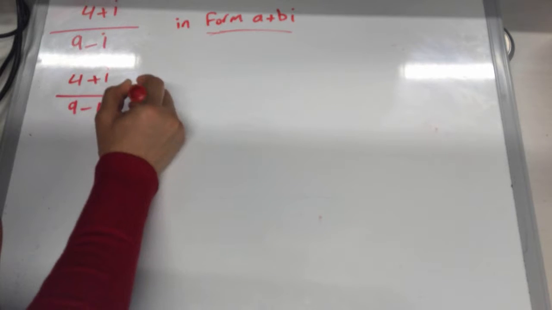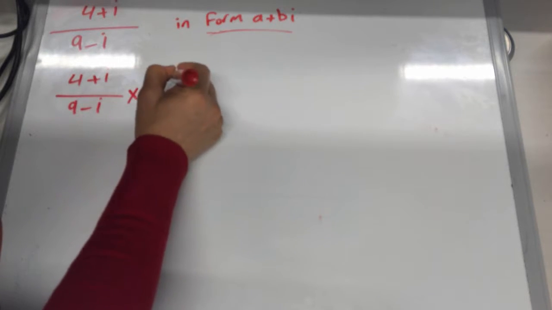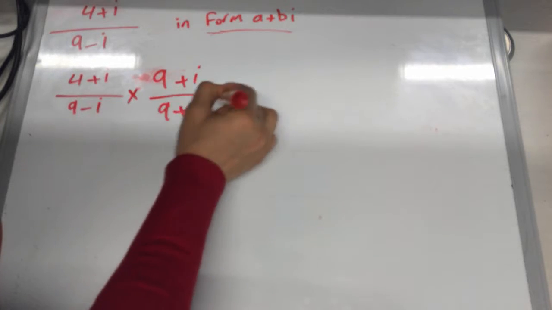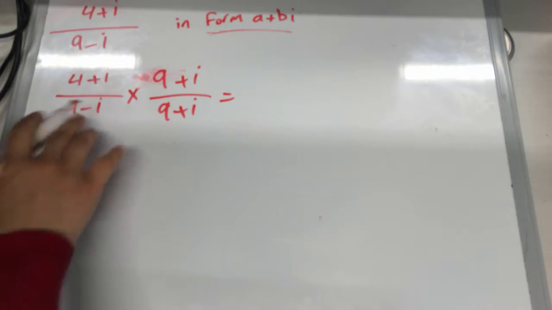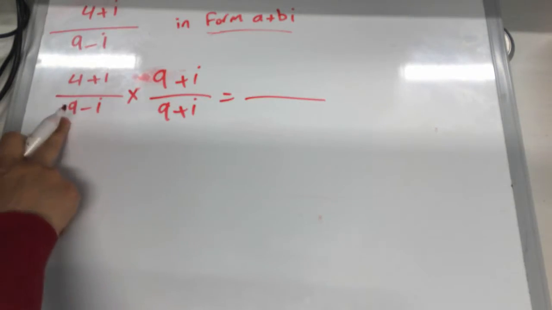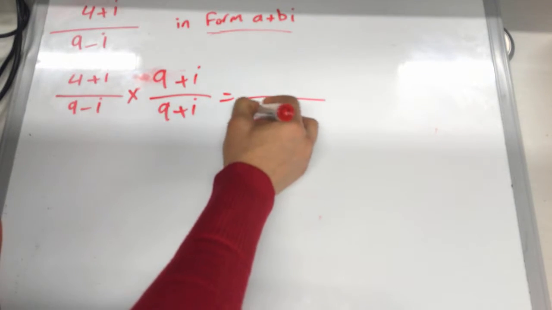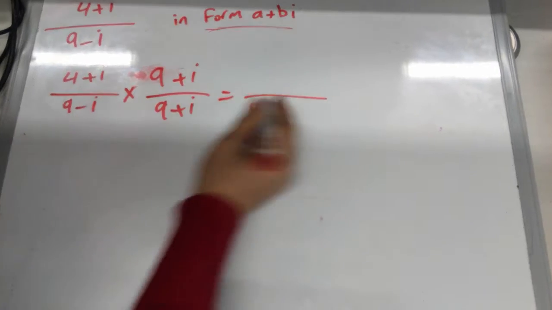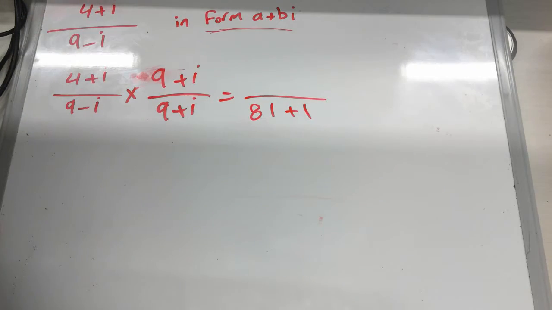So 4 plus i over 9 minus i times the conjugate, 9 plus i over 9 plus i. Then we simplify, so the bottom is just the square of the first term, which is 81, and then i times i, as we said, is negative times a negative, so it's plus 1.